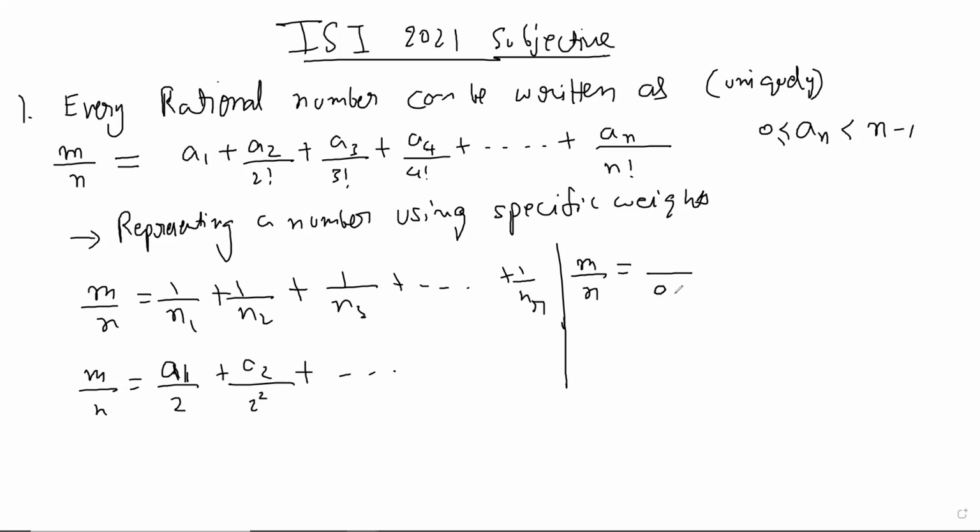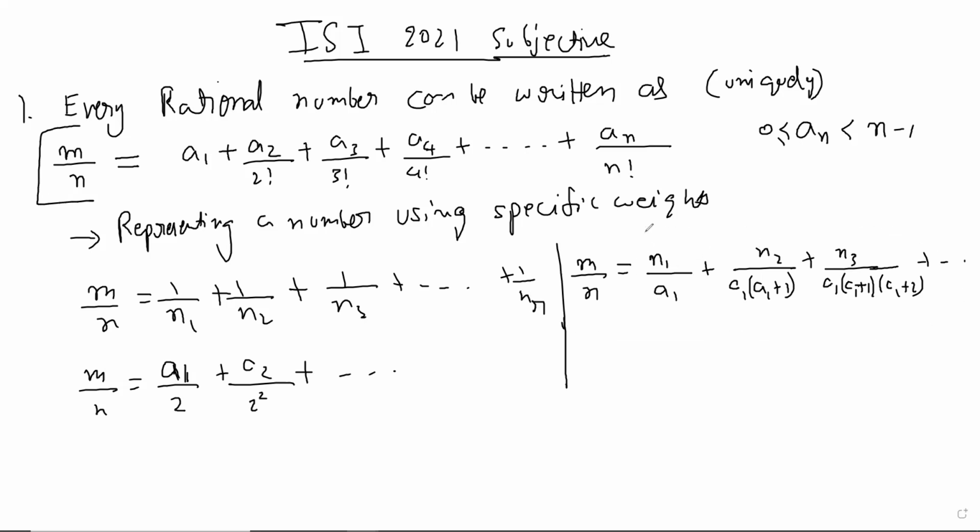Here there will be some n1 maybe, then a1 plus 1 over n2, and then n3 a1 plus this, and so on. And this also will be finite for a rational number. For an irrational number, it will actually converge to that irrational number. So these are the problems which we were looking at, and this is like a special case of this.